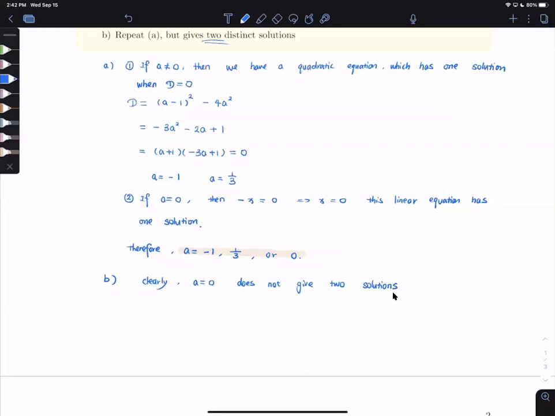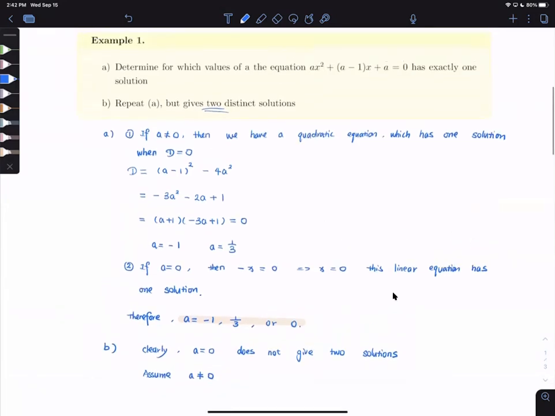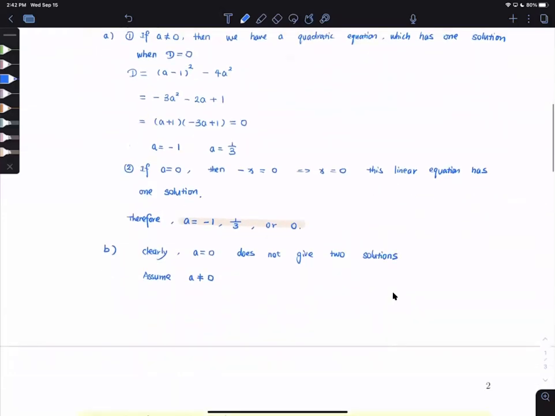So we only have a quadratic equation. So we can assume A is not 0. Then this quadratic equation has 2 solutions. What do I want?